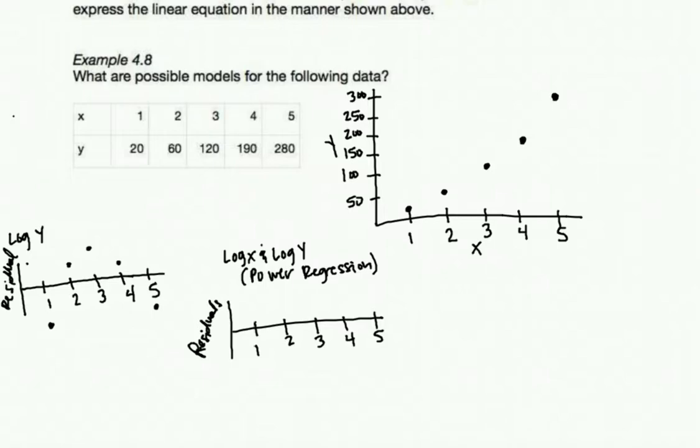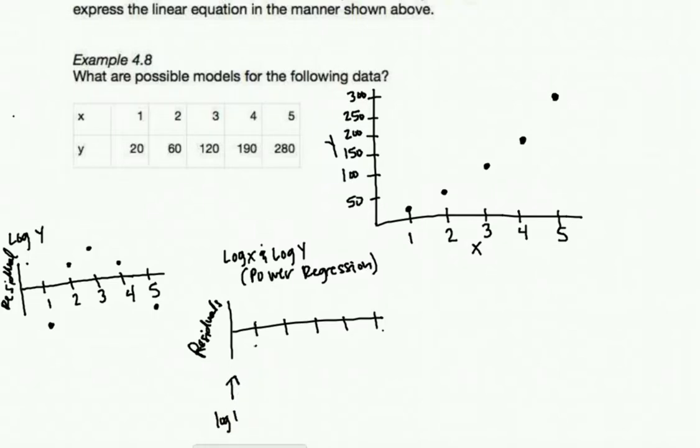Oh, actually, these changed. I didn't think about that. All right, so these changed because we are logging our x's and logging our y's. Okay, so the first one, this is going to be log 1.